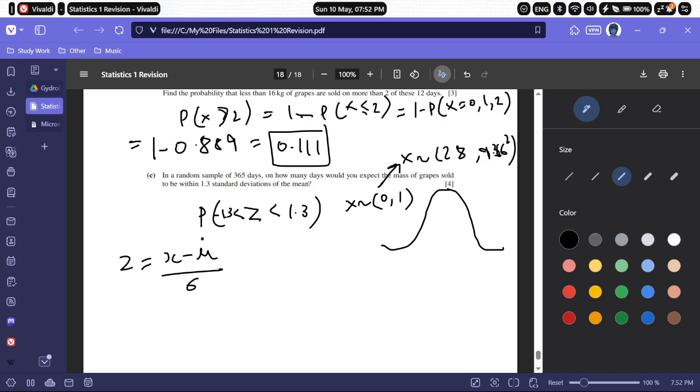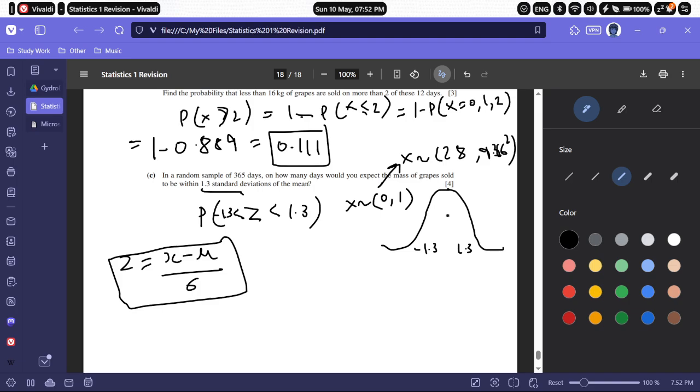So whenever you're using this formula, you're just standardizing it to your standard distribution. Anyway, they're telling us the range is from minus 1.3 to 1.3 standard deviations. If you were to mark it, it would be like this.